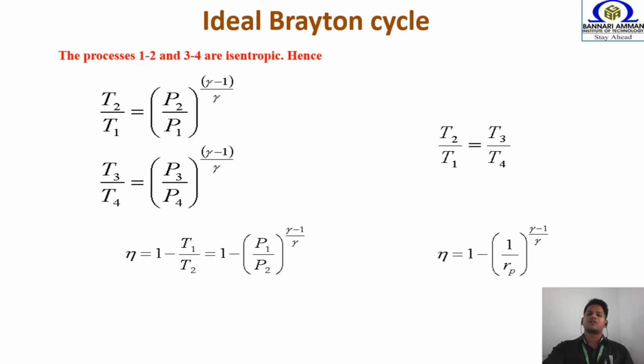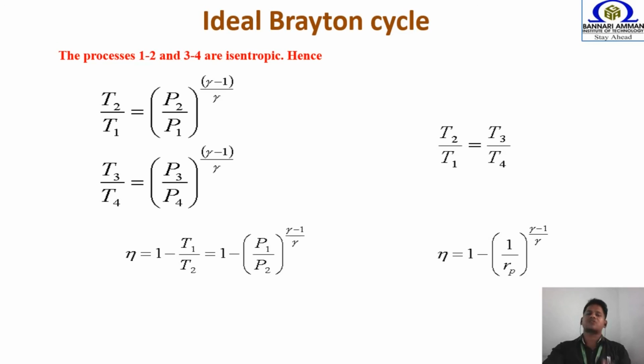The only difference between this equation and the final equation is, in the previous equation we have 4 parameters T1, T2, T3, T4. But in this equation it is simplified. We have only one parameter which is called pressure ratio.